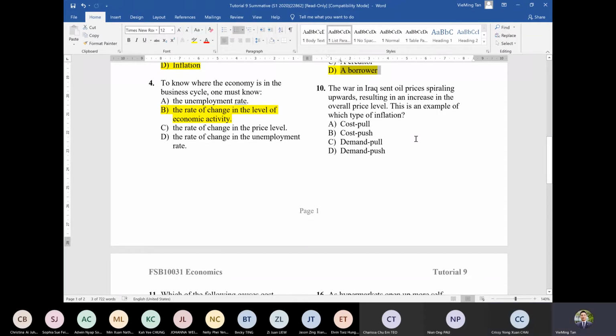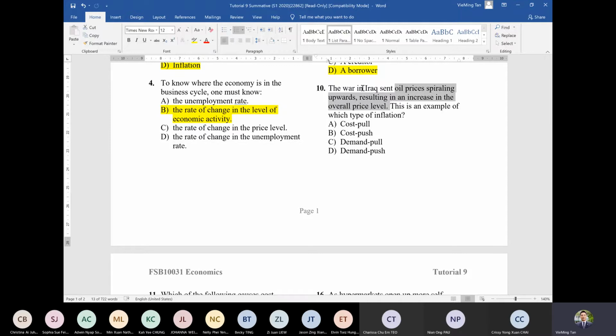Okay, we have to analyze the question again. So the war in Iraq, that means Iraq is having the war, and this increases the oil price. Do you know what is the reason for the increase? It is because when Iraq was having the war, this will disturb the production of oil.